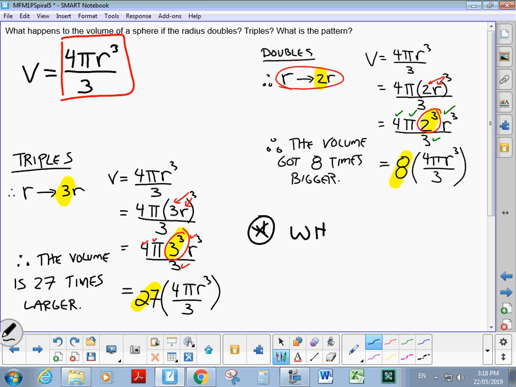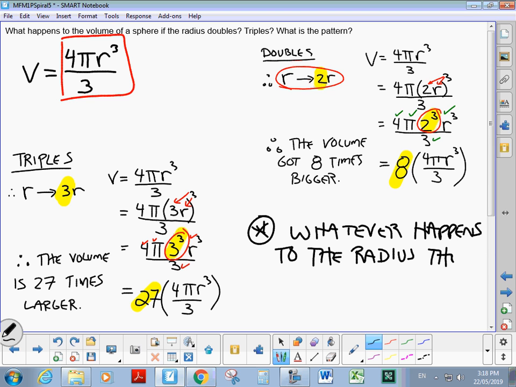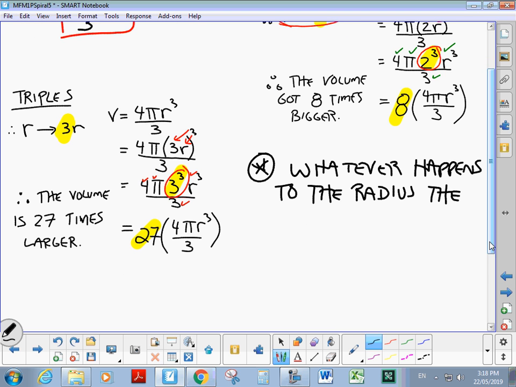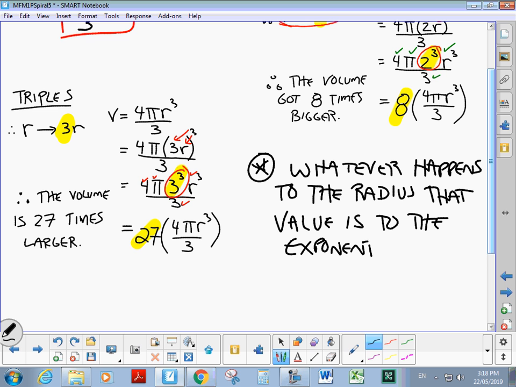So whatever happens to the radius, that value is to the exponent 3. All right, so what would happen here?